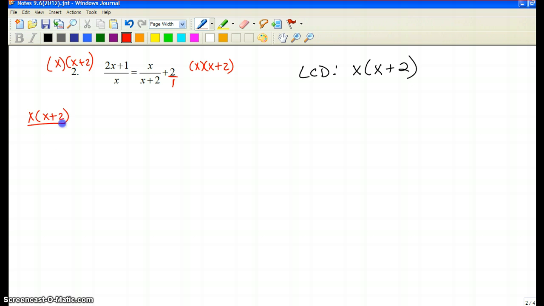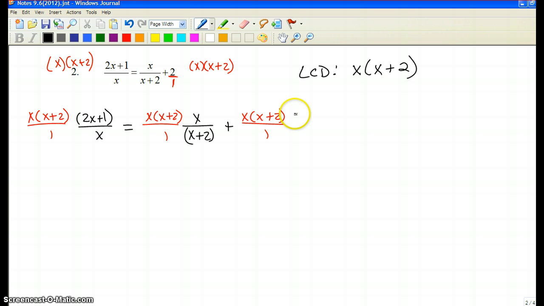So one, I'm going to show you the long way. And then some common factors are going to reduce, and we're going to get rid of all the fractions, which was our goal when we were going to simplify this.